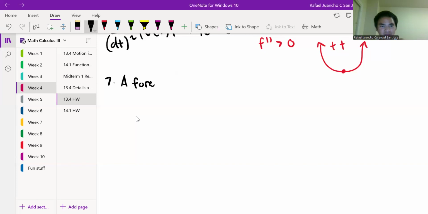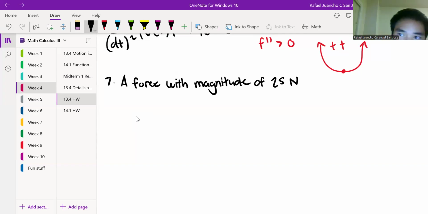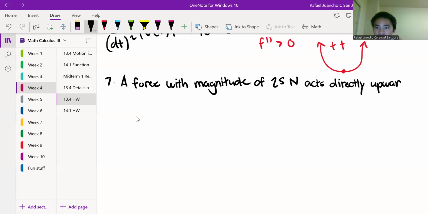So we have a force. This force has a magnitude of 25 newtons, which acts directly upward from the XY plane.